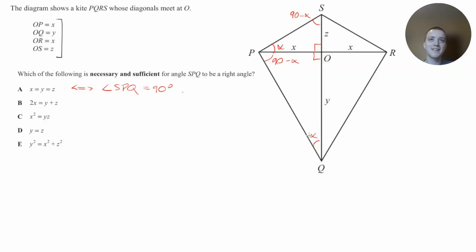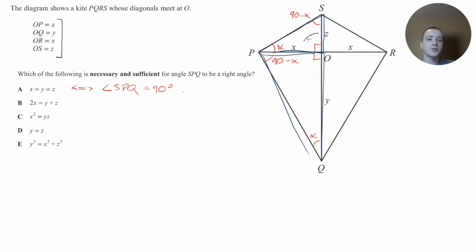That means that SPQ is 90 degrees if and only if these two triangles over here, PSO and POQ, are similar to each other. Right-angled triangles are similar to each other if they have the same ratio between their side lengths.